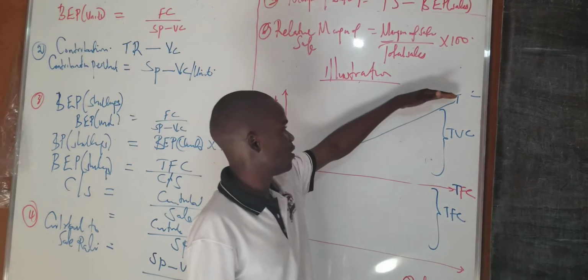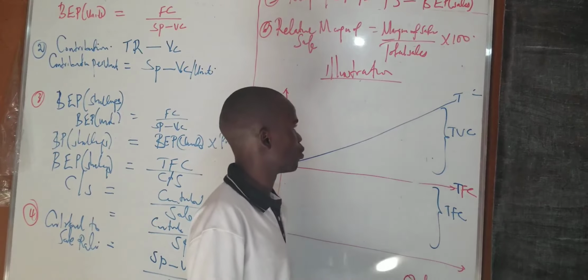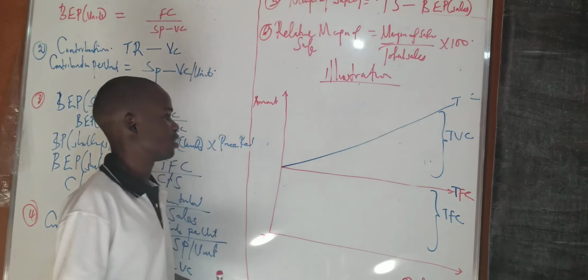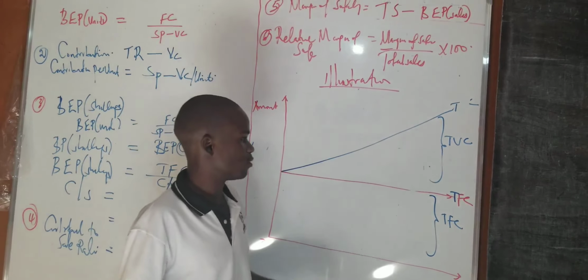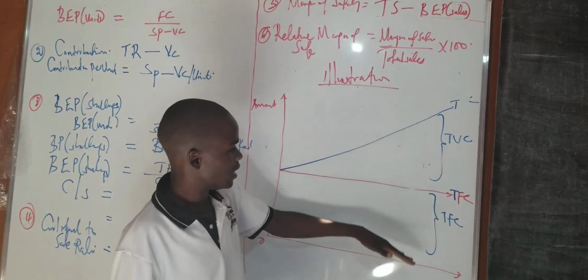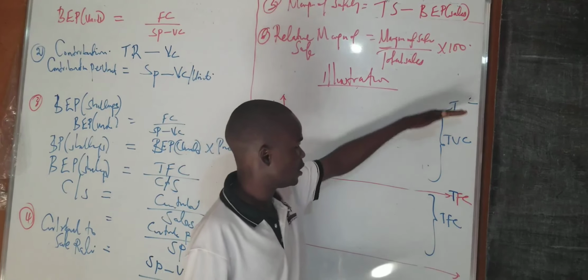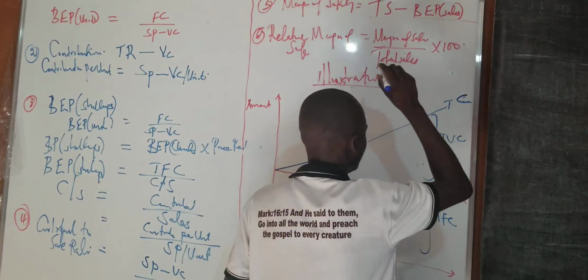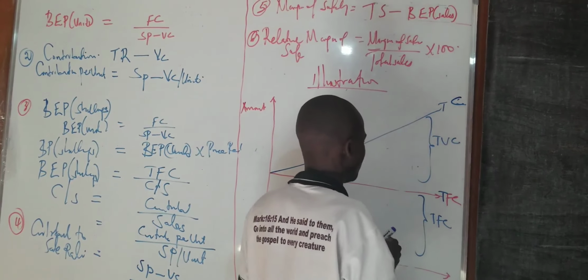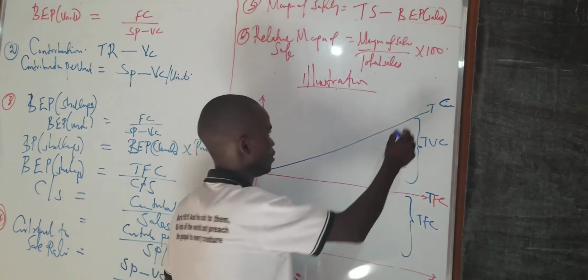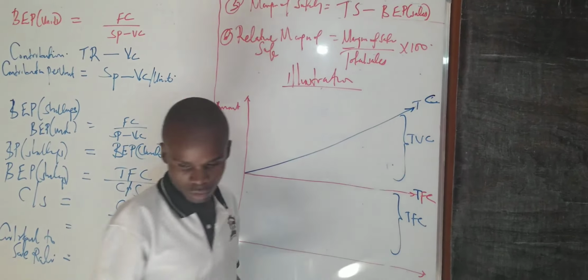From here up to here I get the variable costs. Now the total is the total costs. So the fixed costs represent this down region, the variable cost this one, then the total from here up to here represents the total cost. You can call it total variable costs, but put it in mind that it comes from here up to here.